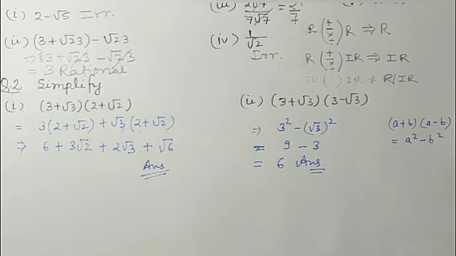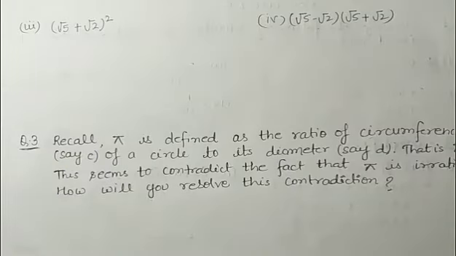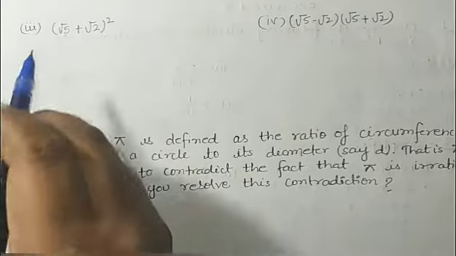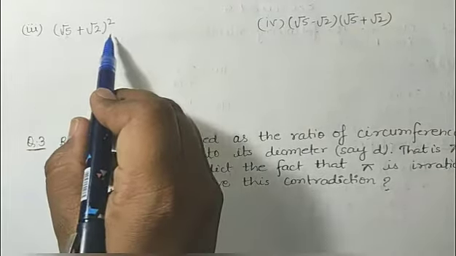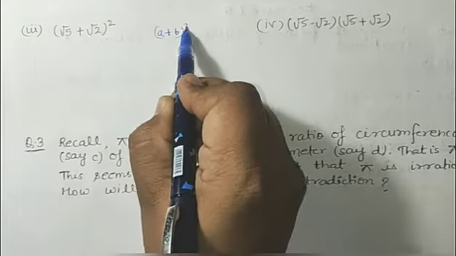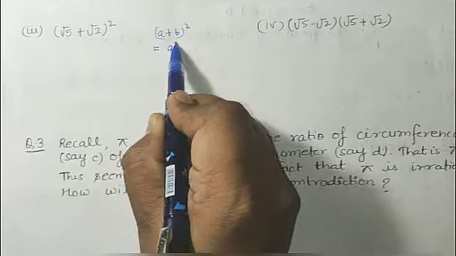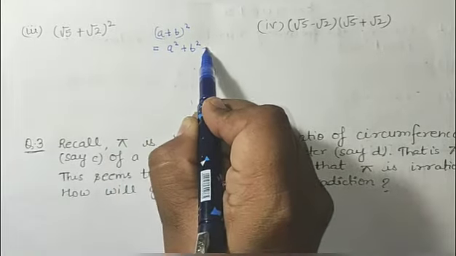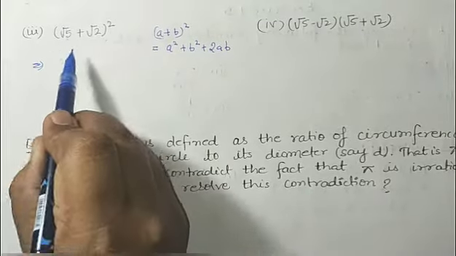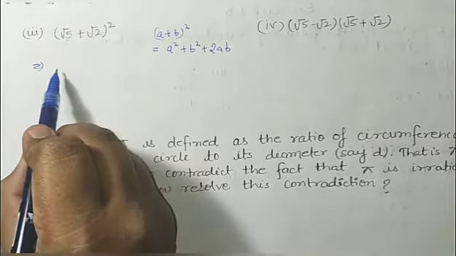Okay, now coming to the next part. Next part is root 5 plus root 2 whole square. So you can apply the identity a plus b whole square, the value of which is a square plus b square plus 2ab. Here at the place of a, under root 5 is there.